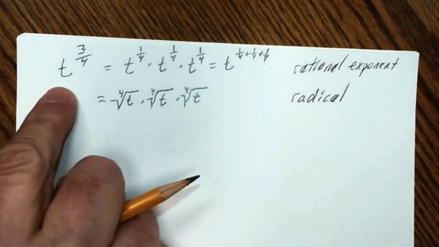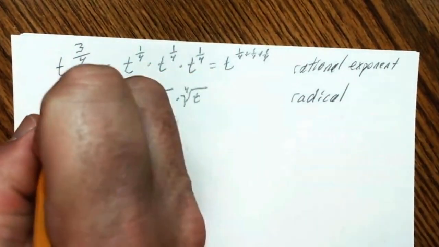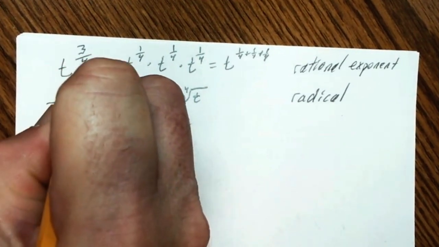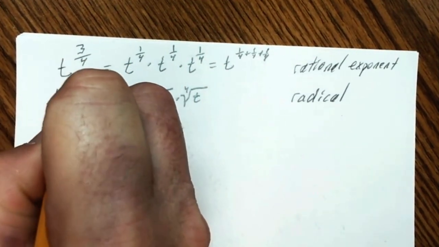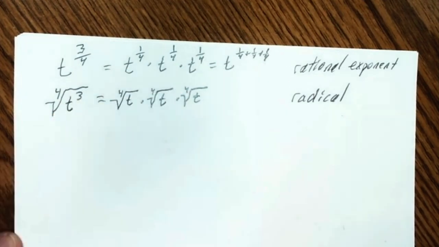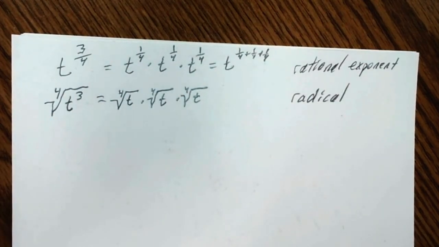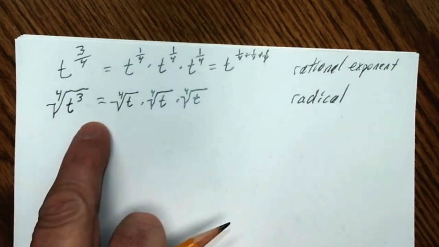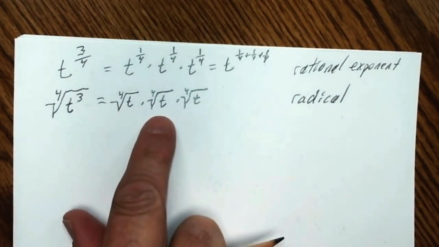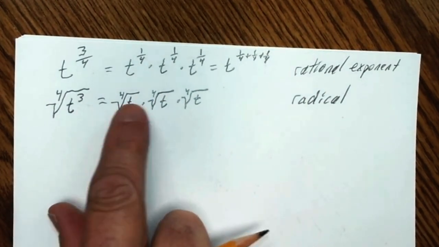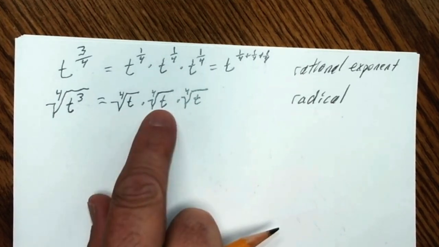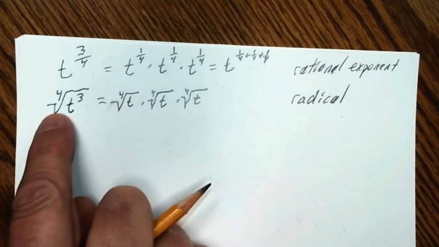So this written as a radical is the 4th root of t to the 3rd power. The 4th root of t to the 3rd power is the same thing as the 4th root of t times the 4th root of t times the 4th root of t, because you can multiply those together. T times t times t, and just do the 4th root of t to the 3rd power.